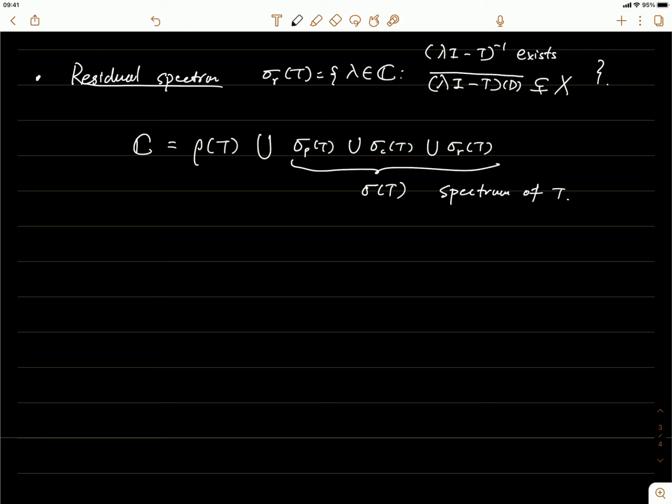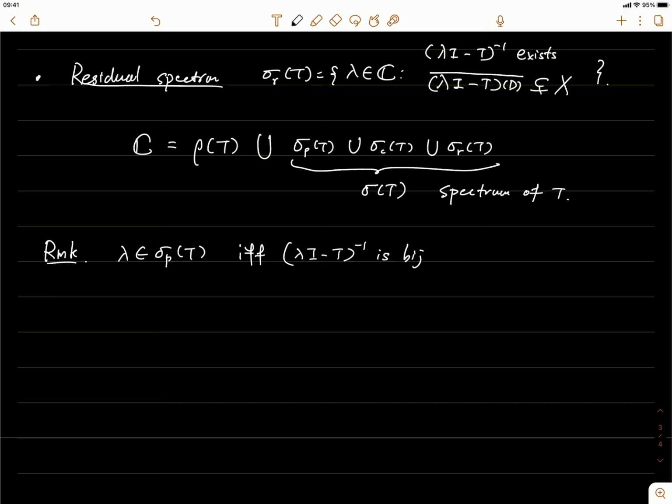I want to make several remarks. The first remark is related to the one I mentioned earlier. The lambda I minus T is invertible. So if lambda is in the resolvent set, it means lambda is a regular value, which means that the inverse of lambda I minus T is bijective.